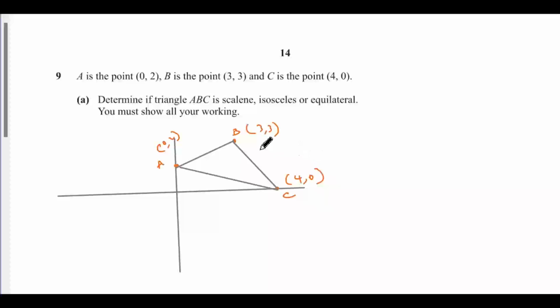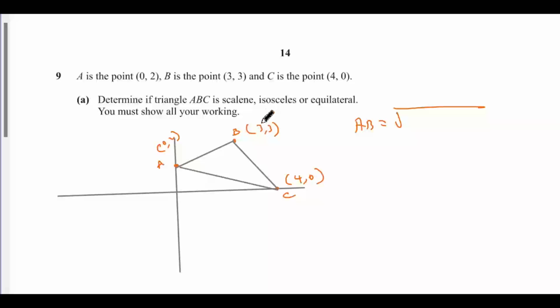Okay, so we need to find the lengths of AB, BC, and AC respectively using the distance formula. So for AB, it will be equals to square root of, so we can just subtract this from this and square it straight away, so you don't need to write the formula.